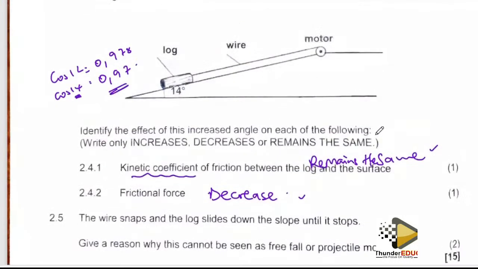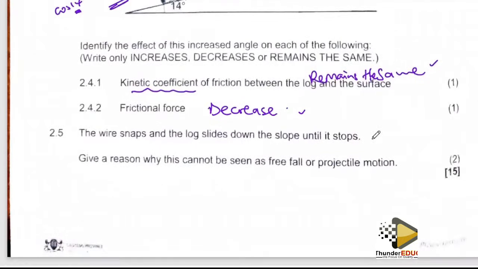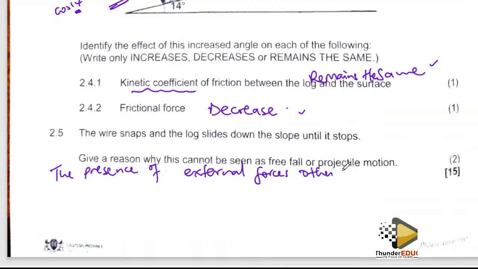So it's not just gravity that is affecting it. So the explanation is that we have external forces. You can say the presence of external forces other than gravity, acceleration due to gravity.